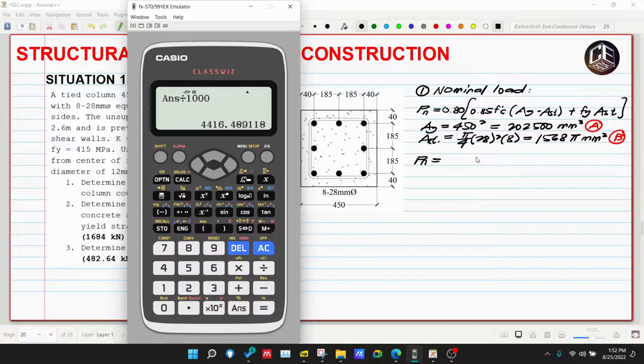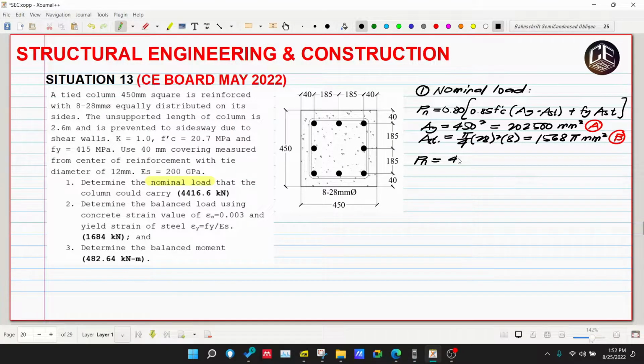So, this is 4416.49 kilo. Ayan, 4416.6. Ito na yung ating nominal strength. So, kagaya nga na sinabi ko, kung pinapahanap sa problem is design strength, multiply mo lang yan ng 0.65.